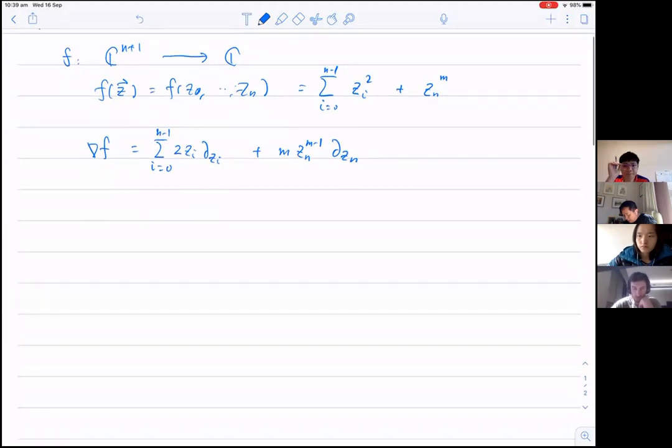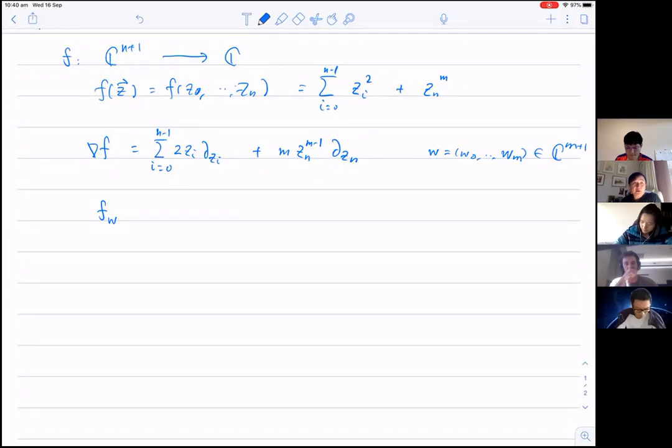And so the way to do it, you can perturb it. There are many ways to perturb it. In fact, I think we introduce this w. So w is another parameter, w0 to wn, in another C^(n+1). So then you perturb it, by... did I record it?